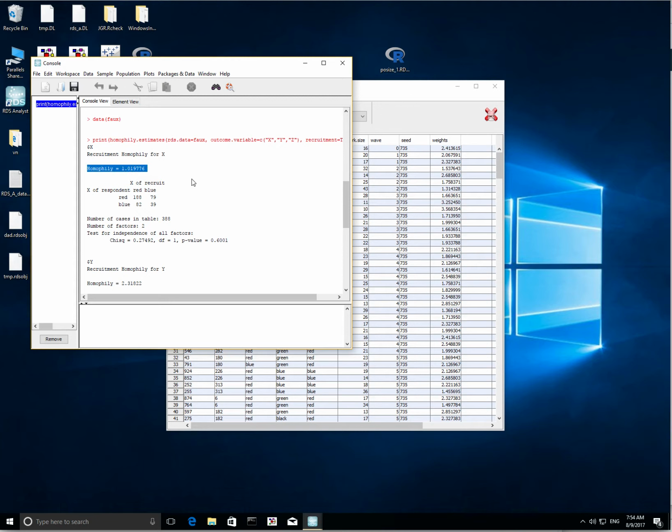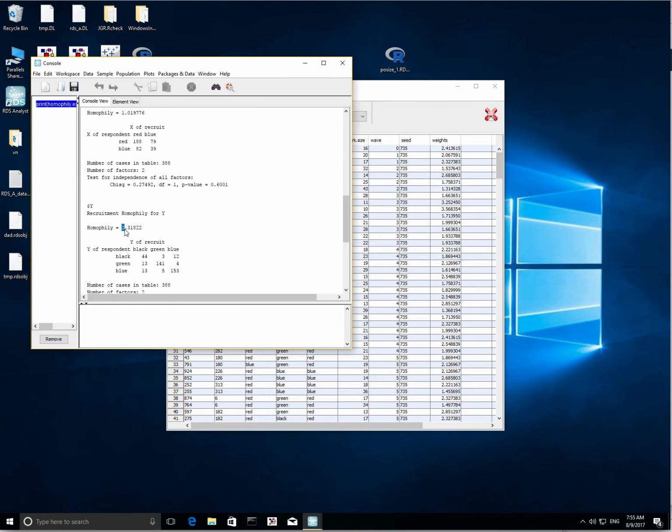Now, homophily here is defined in RDS Analyst as the ratio of the rate at which like recruits like more than would be expected by chance. So a recruitment homophily of 1 indicates exactly as much like-to-like recruitment as would be expected by chance.